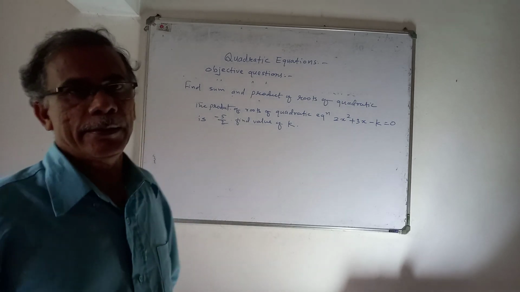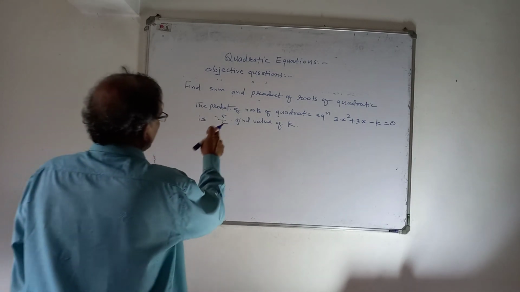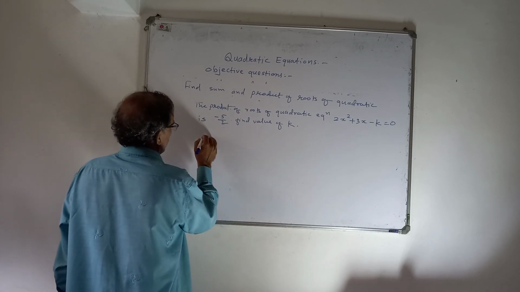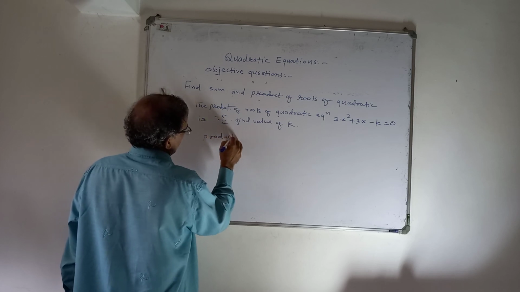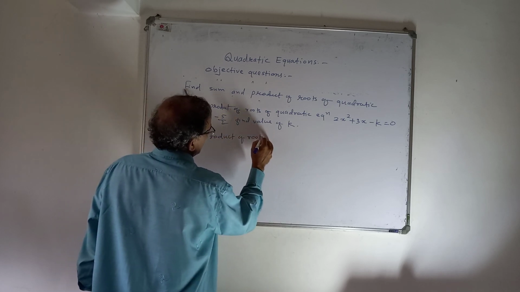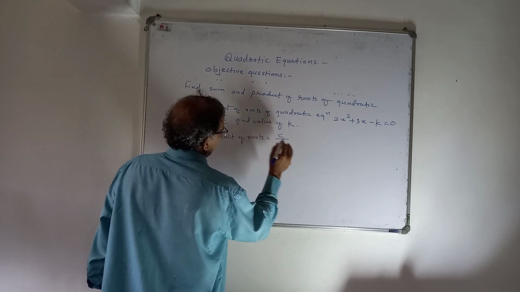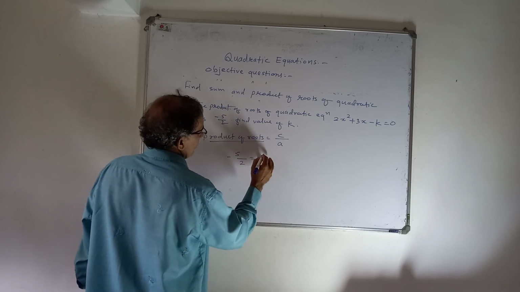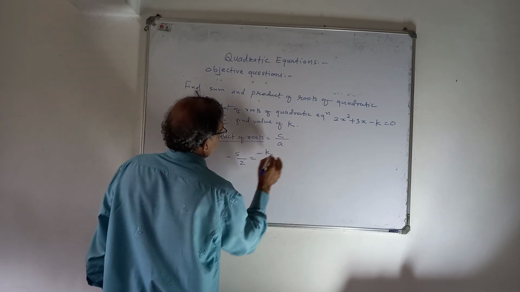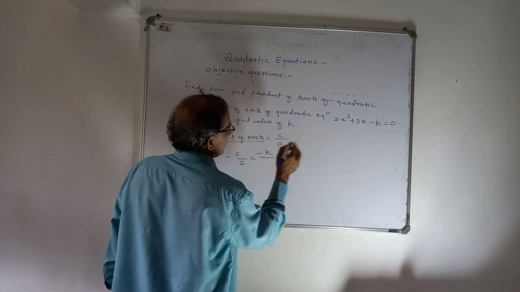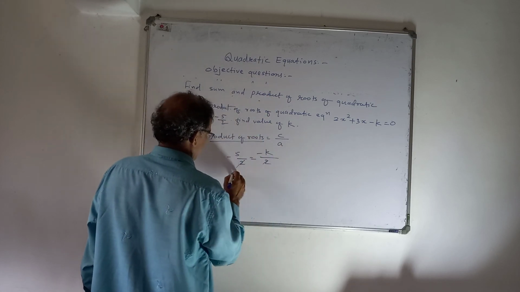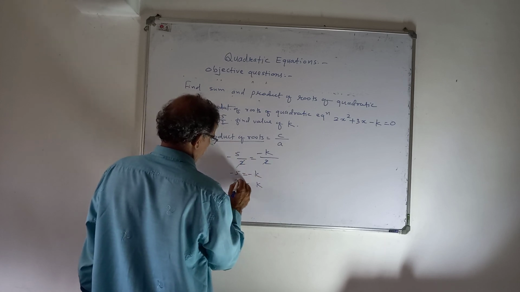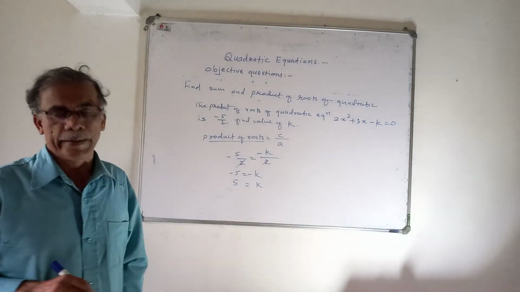Now what is given to us? That the product of the roots is minus pi by 2. So as you are given the product of roots, you write the formula for product of roots. What is the formula? c upon a. And now this answer we know, that is how much? Minus pi by 2 is equal to c, meaning what is given? Minus k upon a, meaning 2. Again 2 gets cancelled. So minus pi is equal to minus k, or k is equal to pi. So this is how we have to obtain the answer.